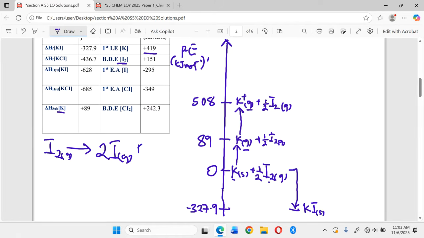Now, when you look at this, we shall be having the iodine in gaseous atom. Of course, for potassium, we are not touching it. Now, are you seeing that this will be balanced? So 1 atom. Here we are forming 1 atom, or a half of iodine molecule is being broken down.